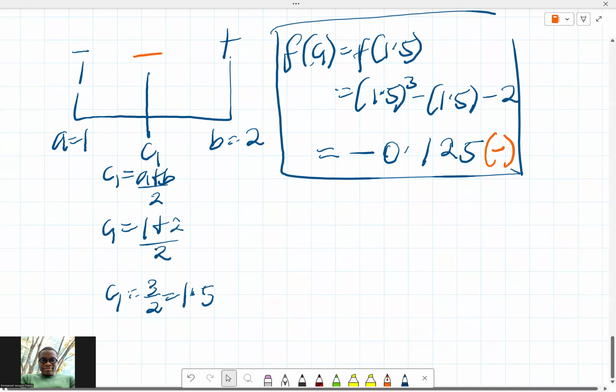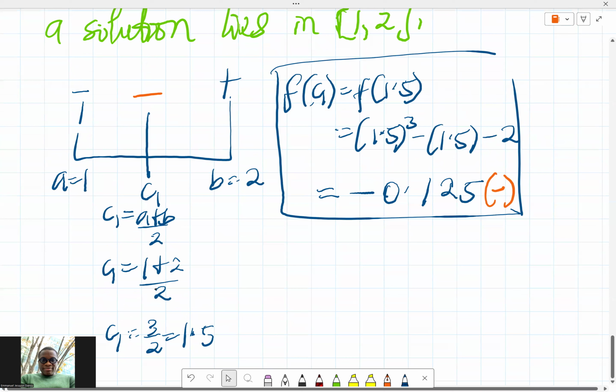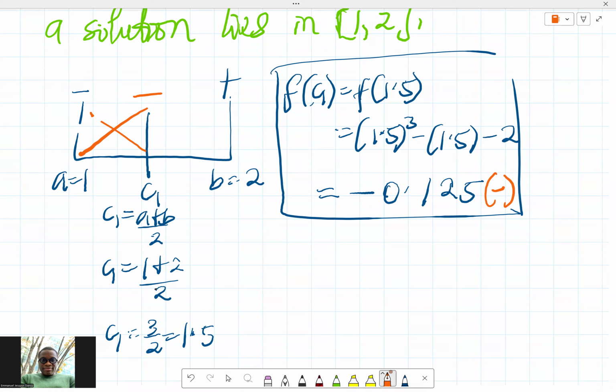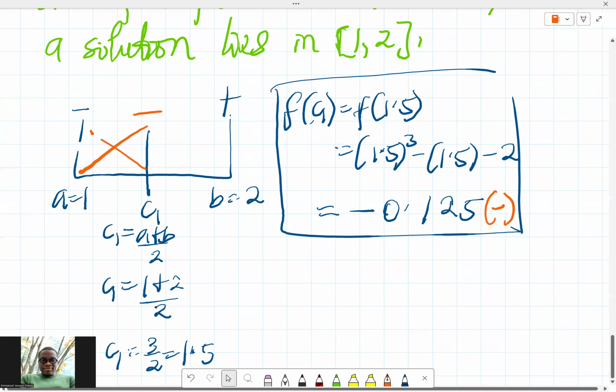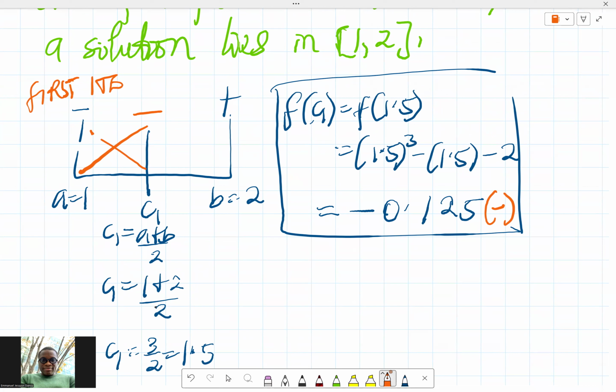Since the idea of the bisection method is that there's no solution if the signs are the same, here you have the same sign, so you have to cut off that half. So the solution basically lies between C1 and B. So this is the first iteration.